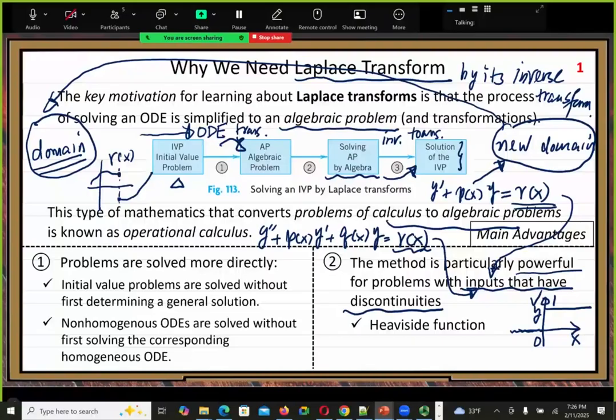All right. Second, Dirac's delta function. Another very special, very important function called Dirac's delta function.